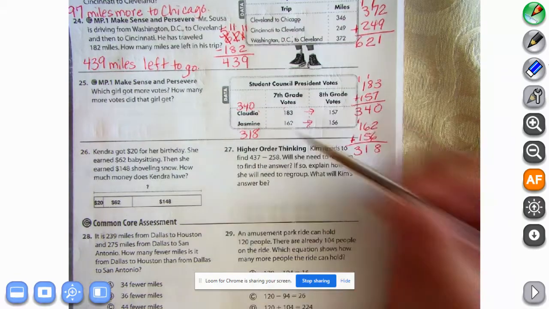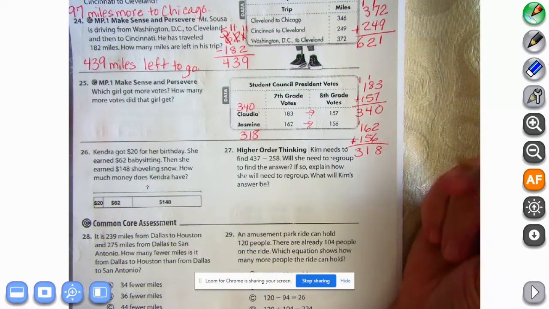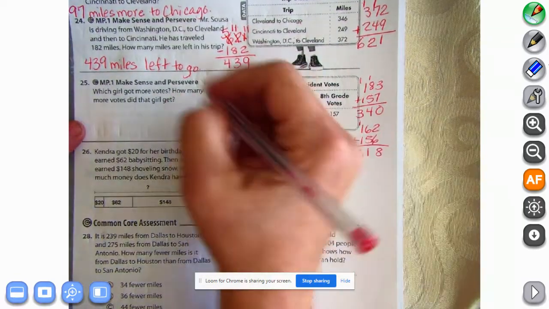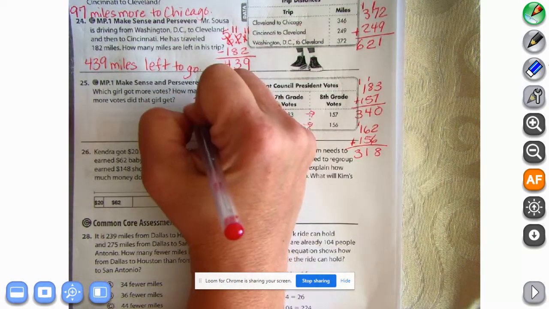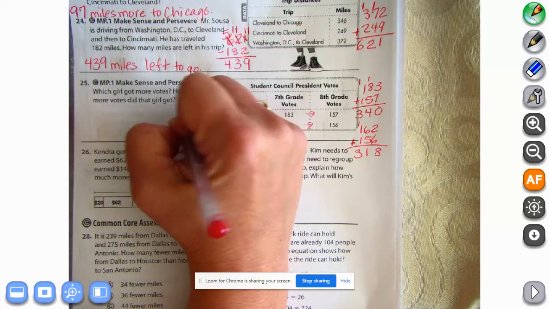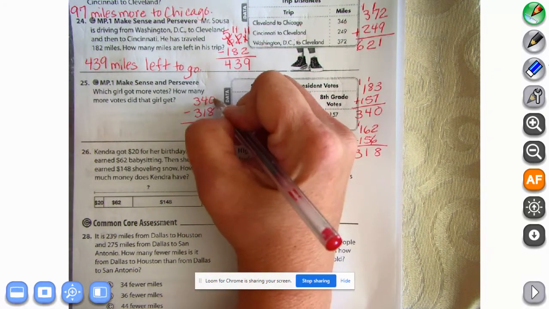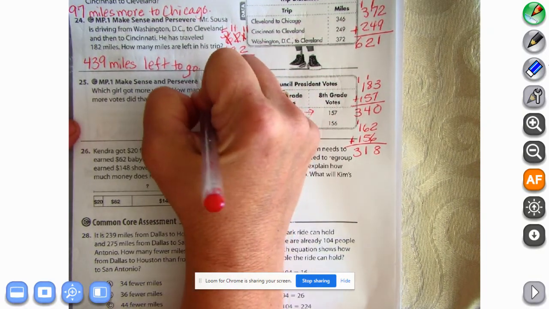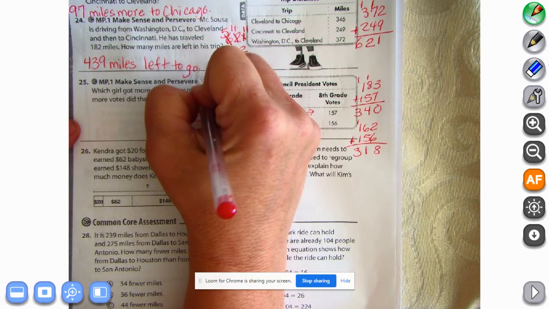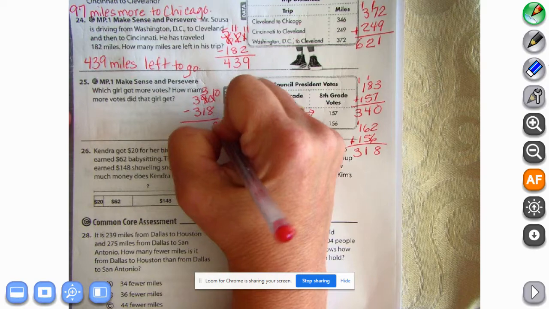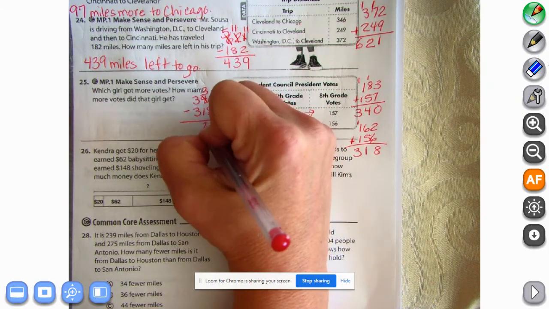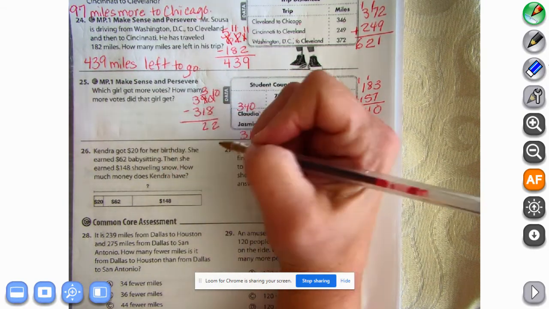We can see Claudia has more votes already, but how many more votes? So we have to subtract these. 340 for Claudia, 318 for Jasmine. 8 ones out of 0 ones we can't do. So we're going to break this 10 up and make this into 10 minus 8. 3 minus 1 is 2, and 3 minus 3 is 0.